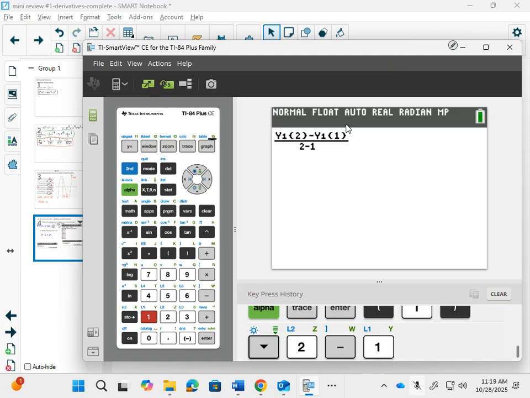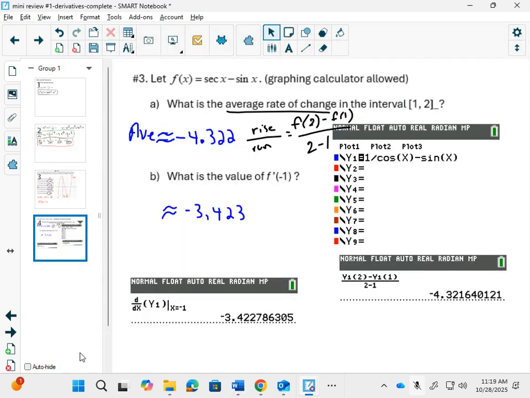But it just shows that you could type this into your calculator and push enter and get negative 4.322 right from our calculator. That doesn't mean you didn't, it's not much work to actually do 1 over cos of 1 minus 1 over cos of 1 and 1 over cos of 2 minus cos of 2. That's not hard. But this is just nice that you could do it all at once.